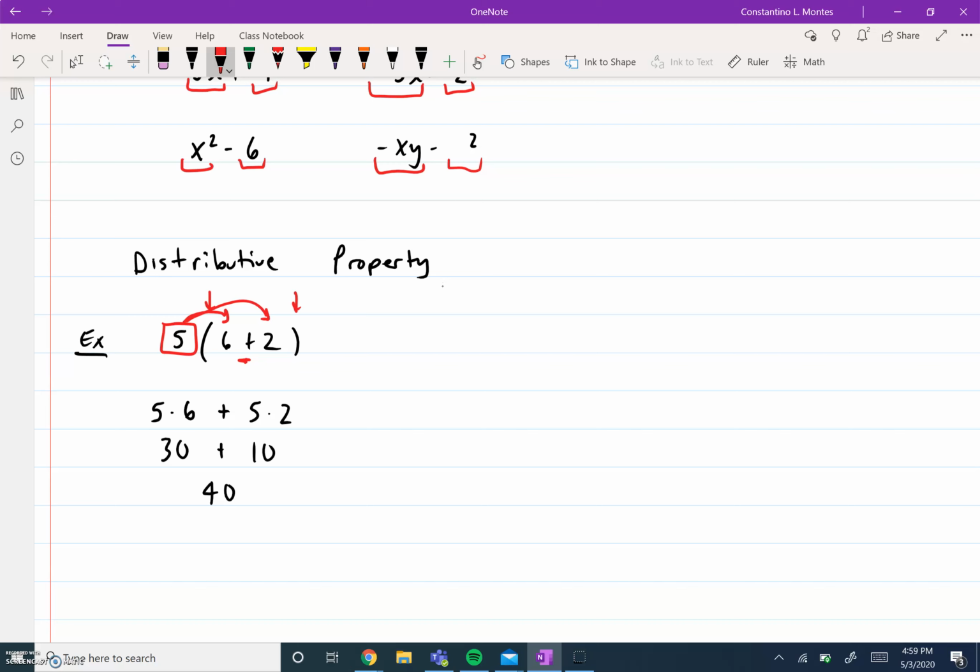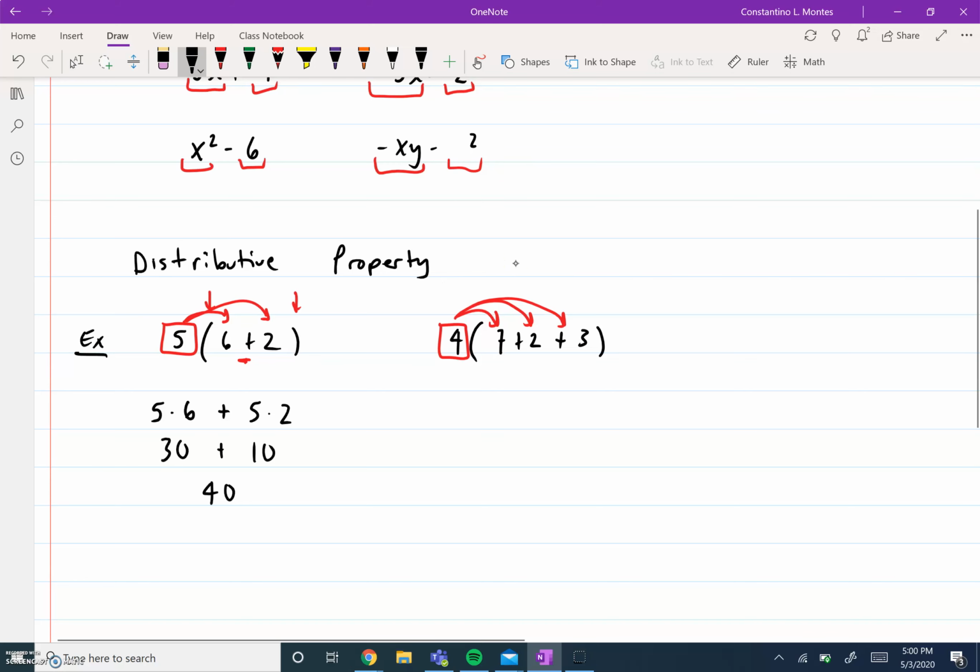I can give you another example using more numbers. Suppose I had 4, and I was multiplying that by 7 plus 2 plus 3. Again, logic dictates that I should add 7, 2, and 3 first, then multiply by 4. But if we're going to practice using the distributive property, I'm going to distribute the 4 to each term.